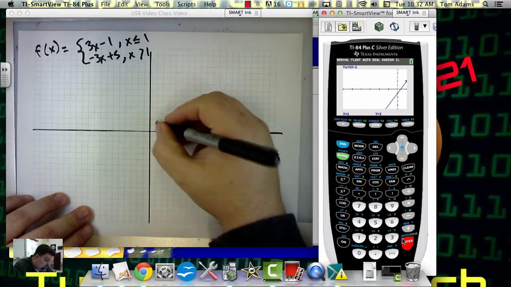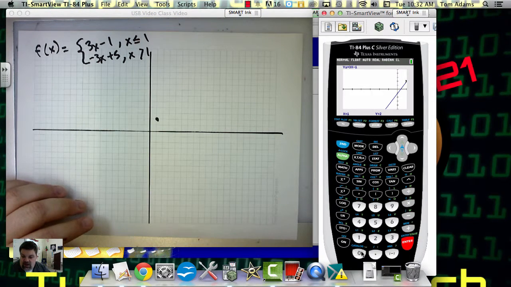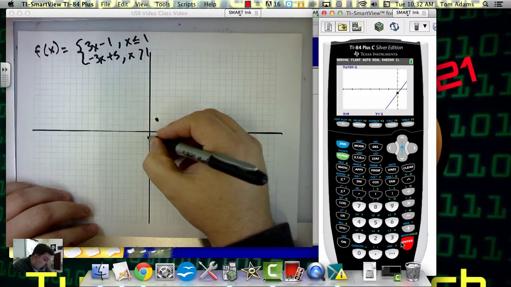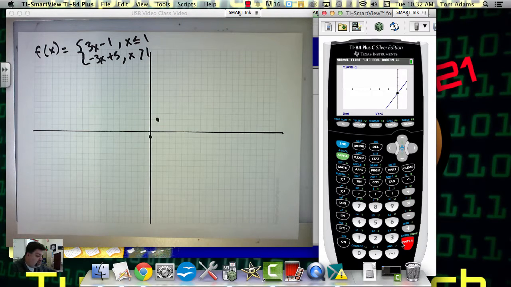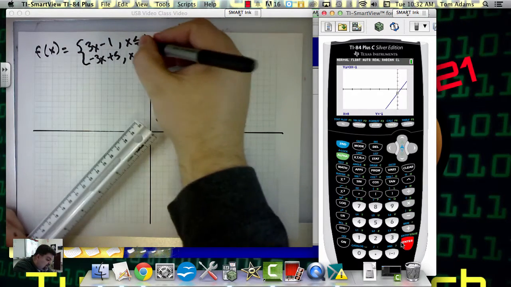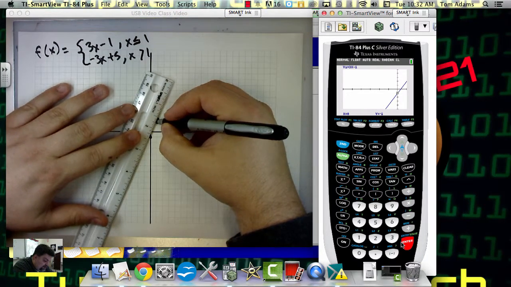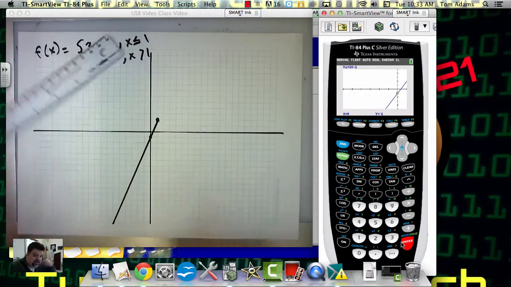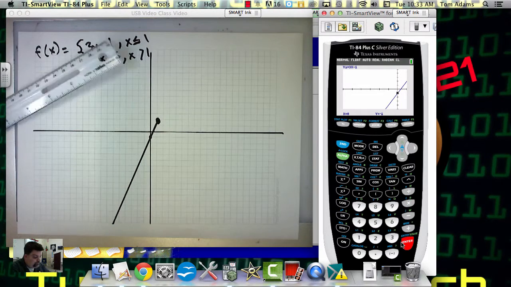So if I go x 1, y 2, I'll have a point here. And when x equals 0, y equals -1. That makes sense because I have a slope of 3. Because this is included, I'm going to have a closed circle here, and I'm going to draw my line like that, with a closed circle right here.